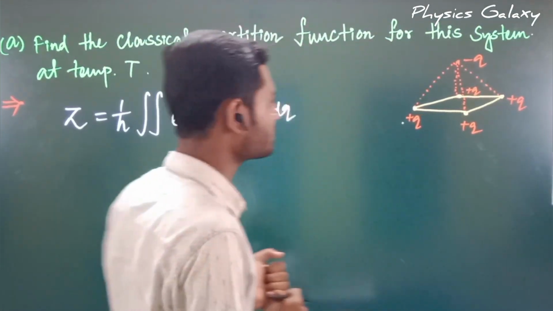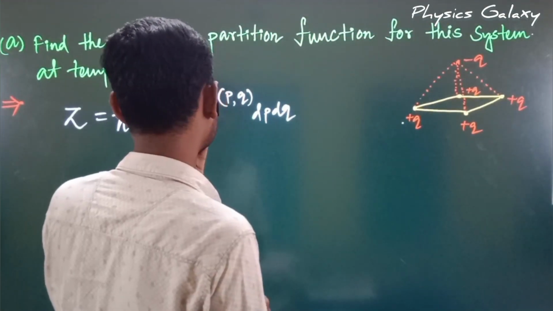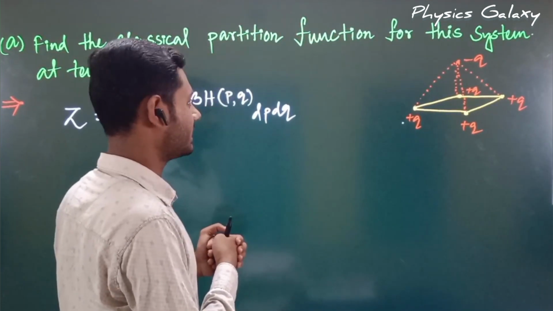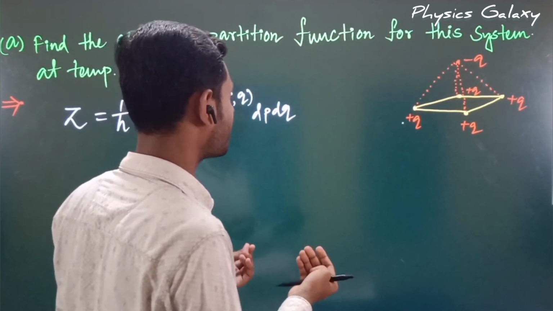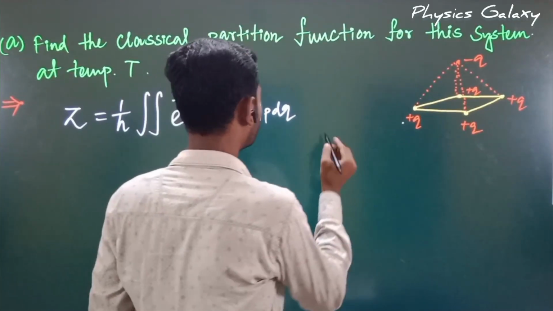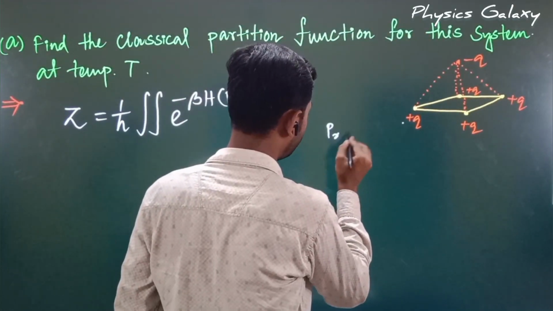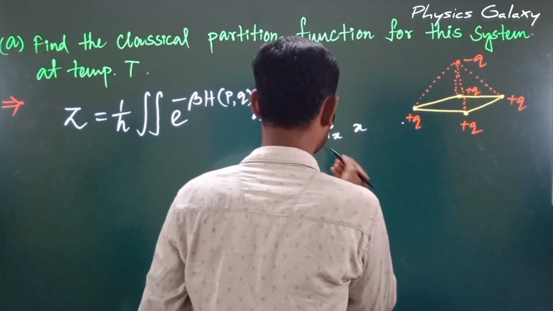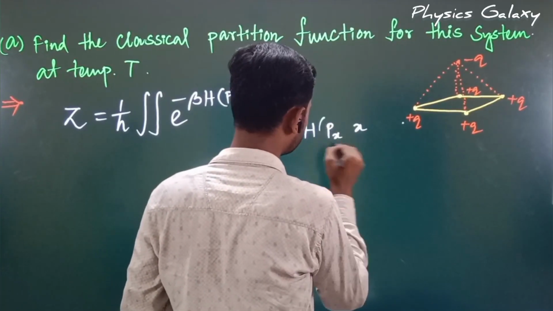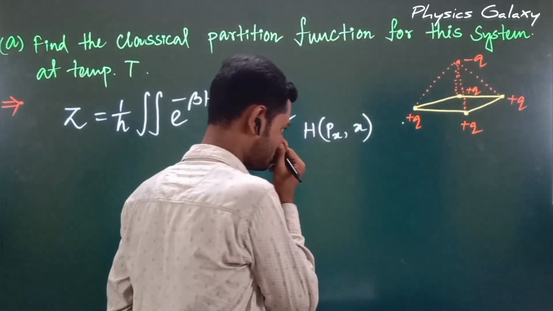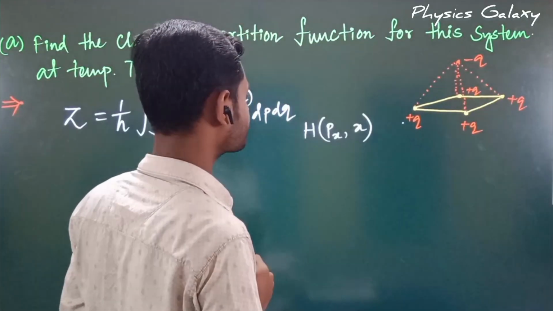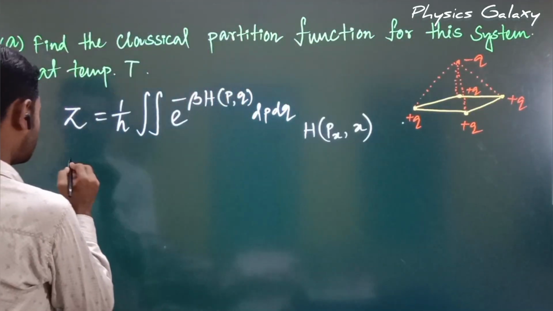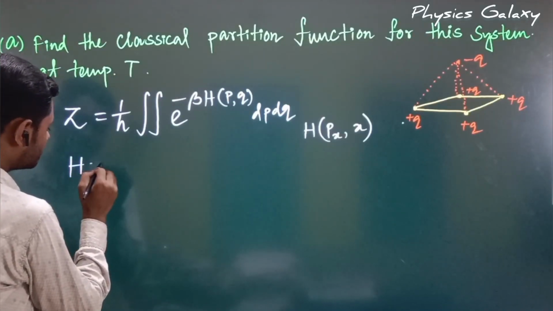So I can write the generalized coordinate as x and the momentum as px. Now I have to write the Hamiltonian of the system.